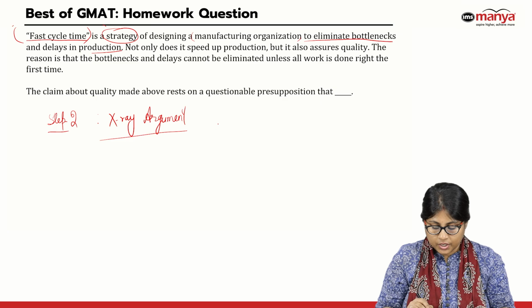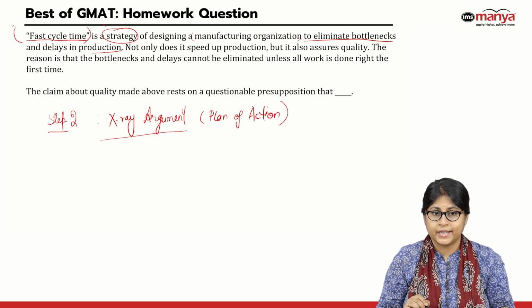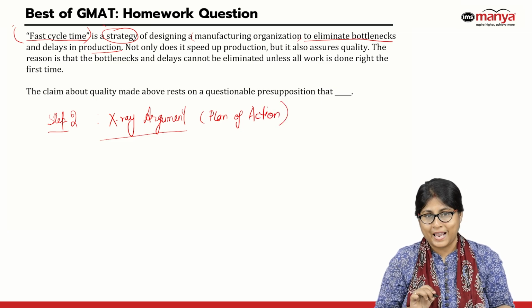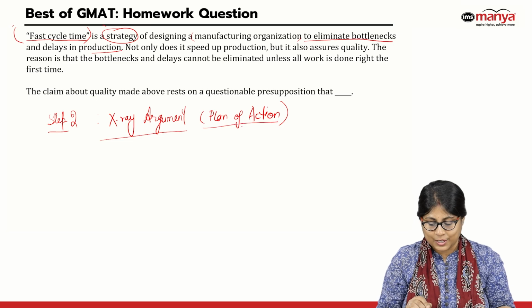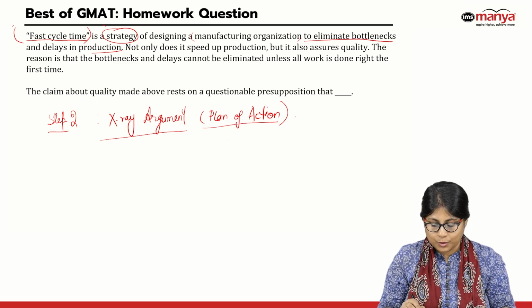So here we are discussing a plan of action. Our argument can be categorized into the planned style of argument. Now, what is the plan of action? The plan of action is fast cycle time.